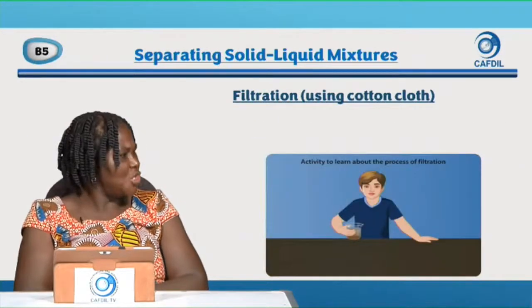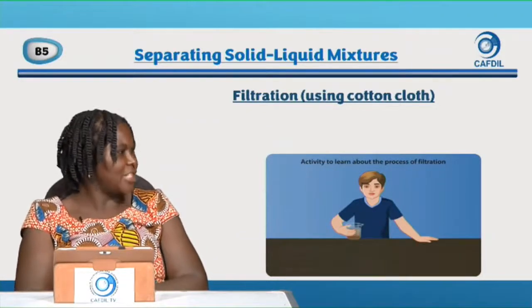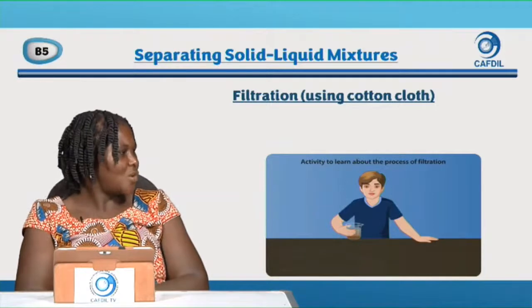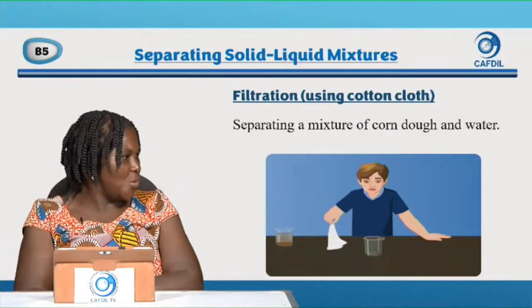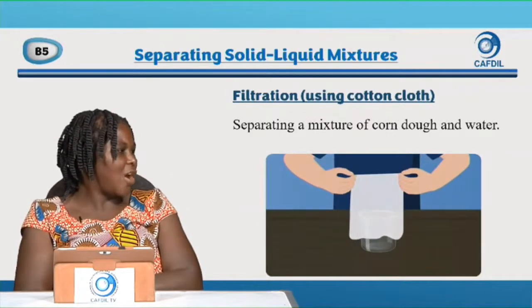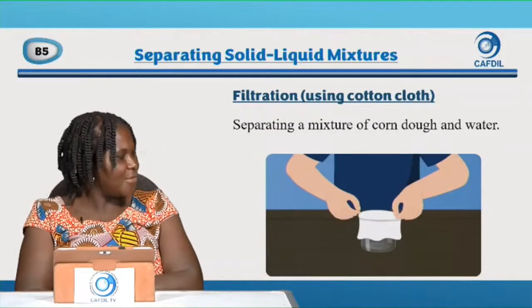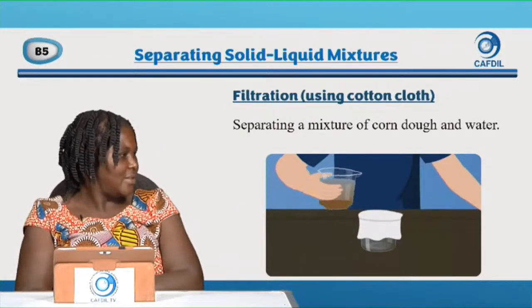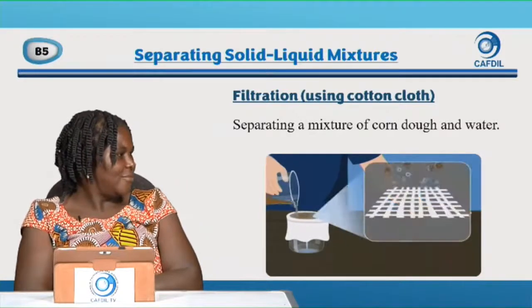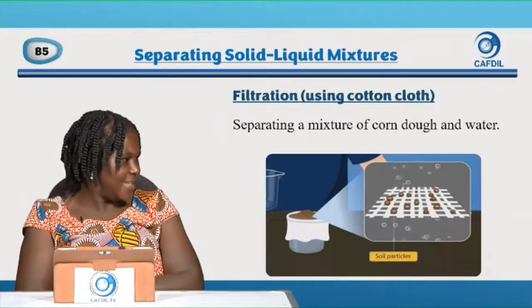Now, filtration using cotton cloths. Let's look at separating a mixture of corn dough and water. We can also use cotton cloth, and let's look at how we will do it. We put the cloth on the beaker. We use a tie band, and then we pour it in.